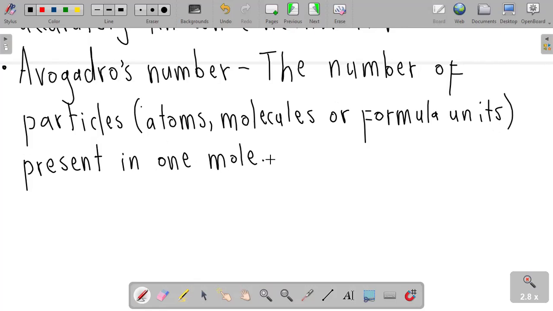So that's Avogadro's number, the number of particles present in one mole. When we mean particles, it could be atoms, molecules, or formula units.